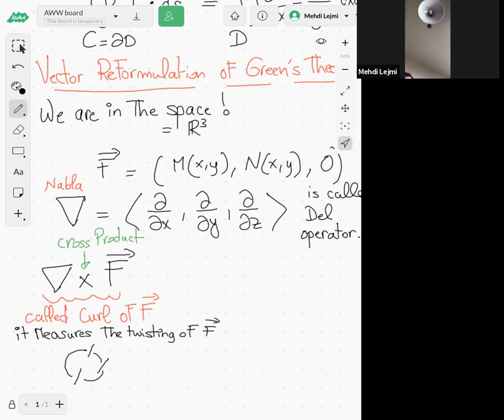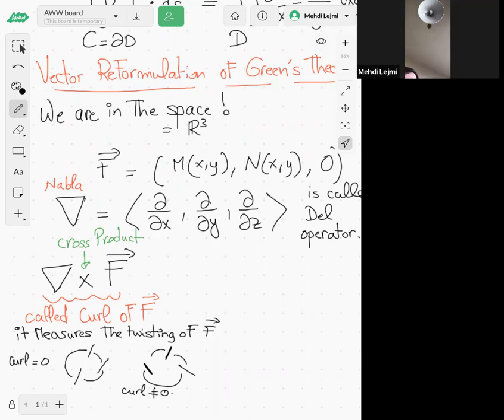So we say in this case that the curl would be 0, because the object itself doesn't really rotate. But if you twist your object, like this line becomes like this along this circle, then the curl is not 0. That's what I mean by it measures the twisting of this vector field f.